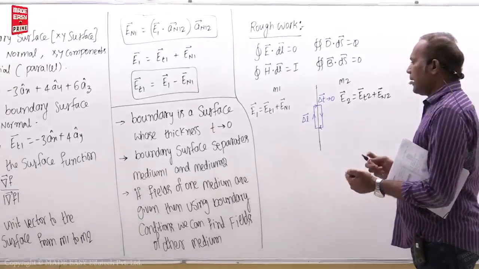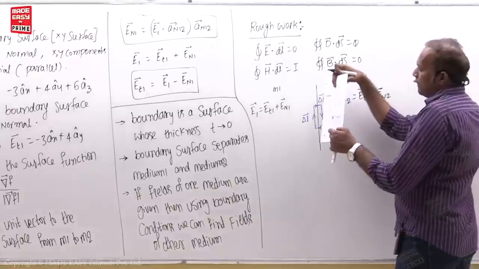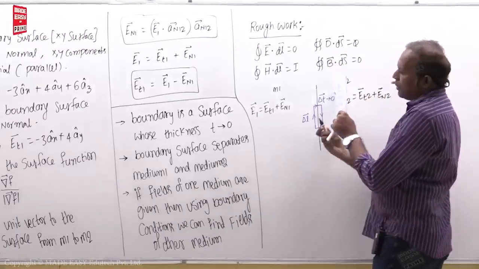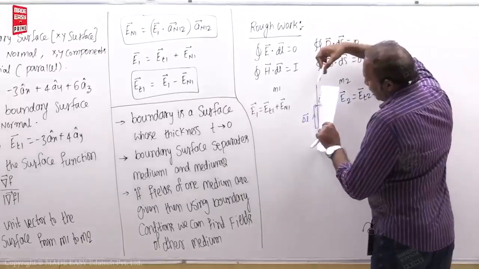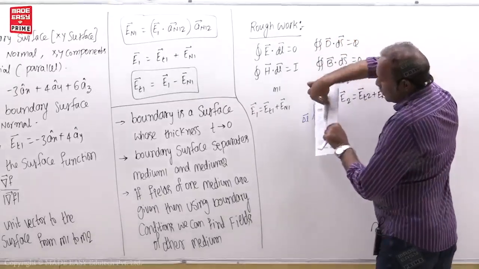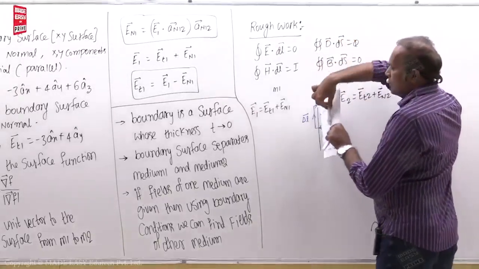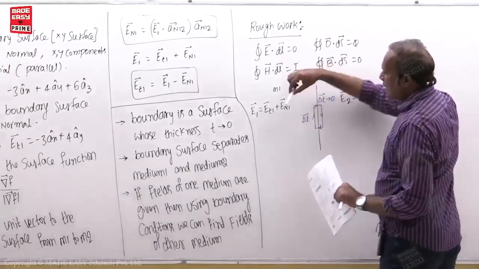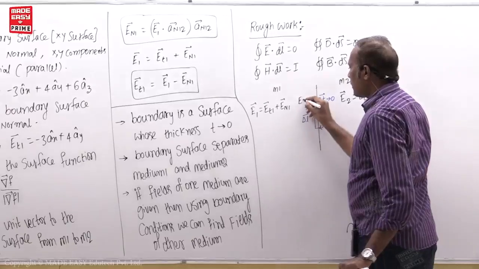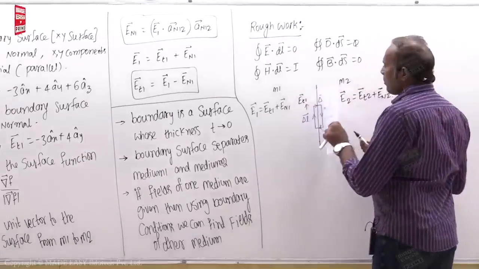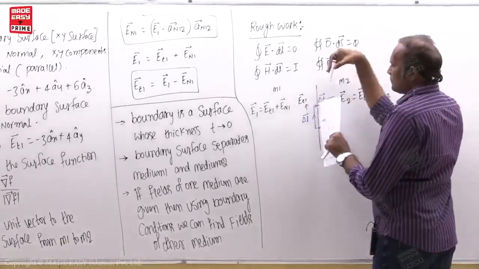Now students, what is the meaning of tangential? If you see carefully here, tangential component means which is parallel to this boundary. Any component parallel to this boundary is called tangential. So along this line, ET1 bar will be there, because ET1 bar is parallel to this one.